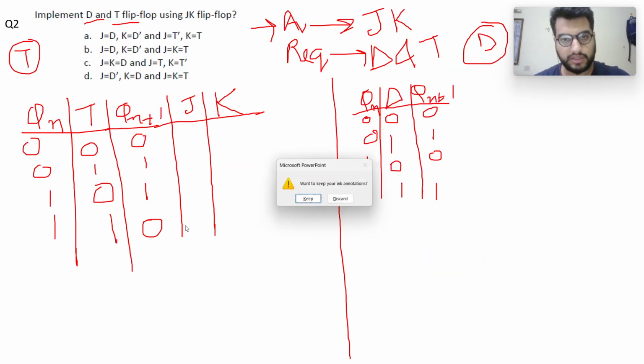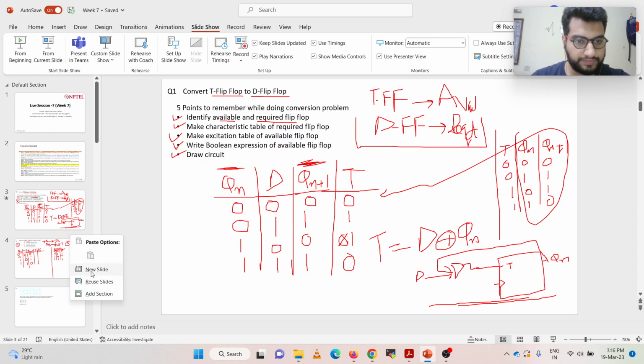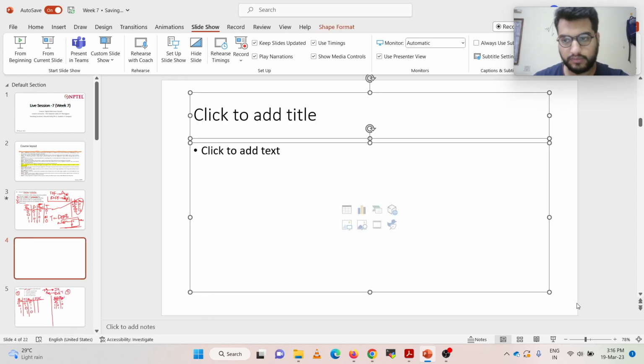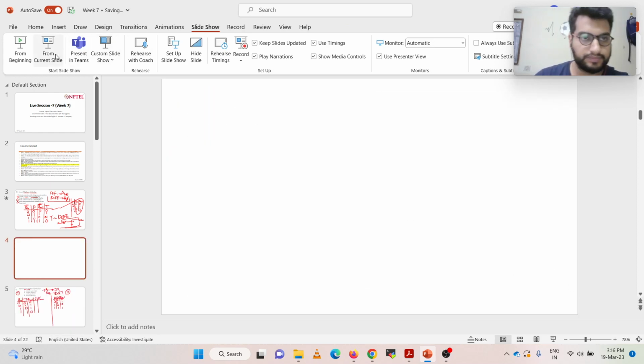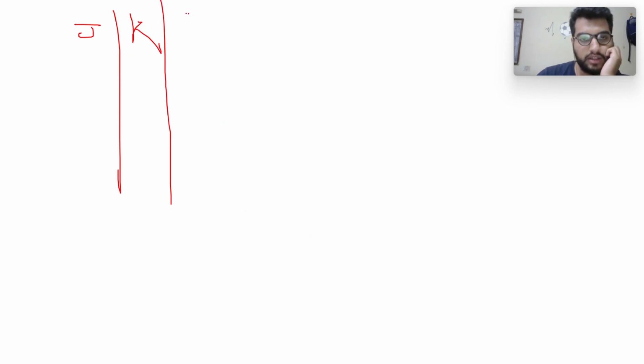Let me just introduce a slide first. So here first I will write the characteristics table of JK, then I will construct the excitation table from that. My present inputs, my present states, and finally the next state.